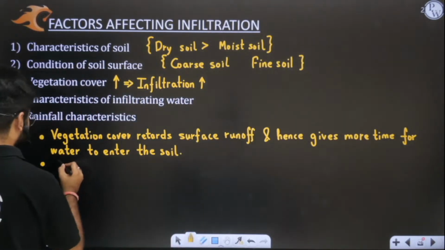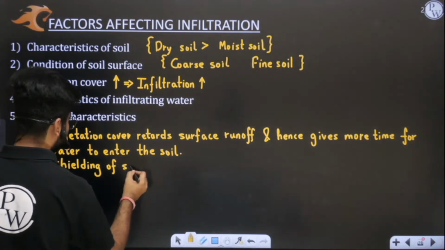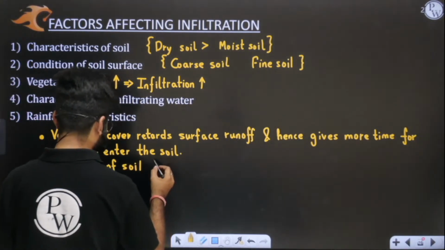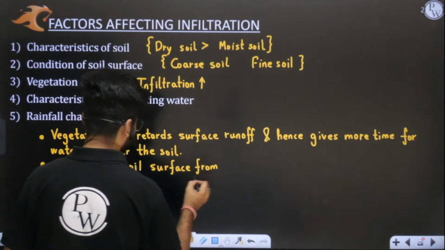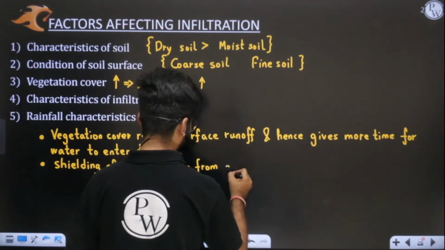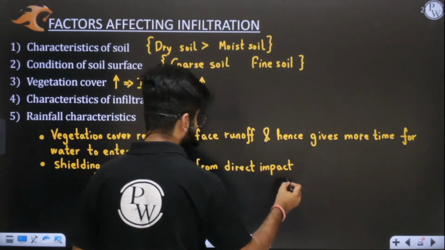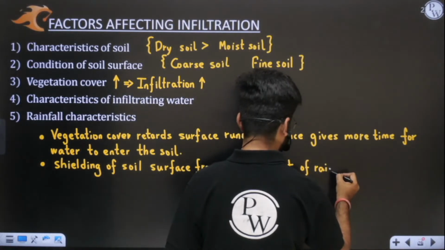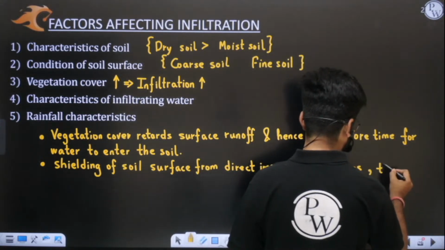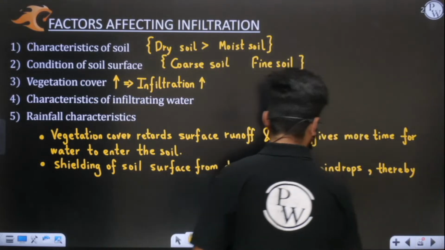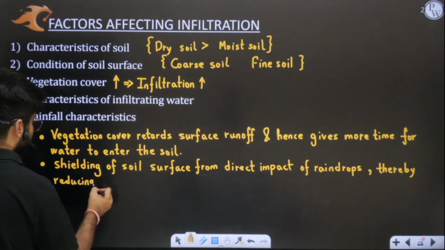Let me write here: shielding of soil surface from direct impact of raindrops is there, thereby reducing compaction.